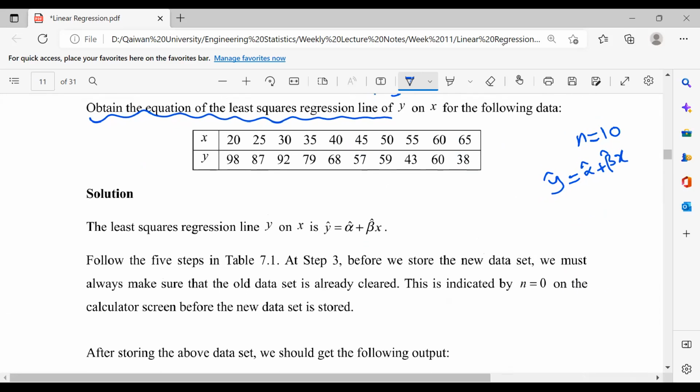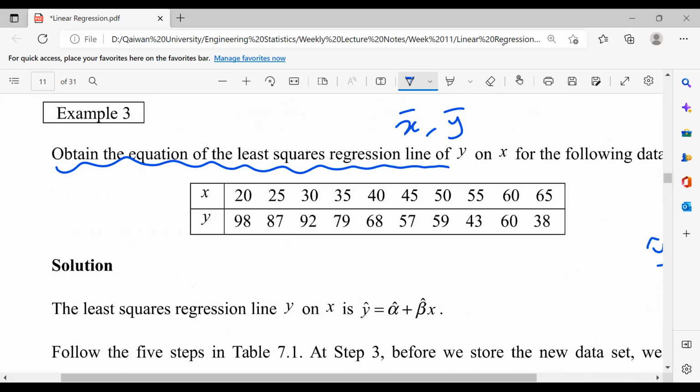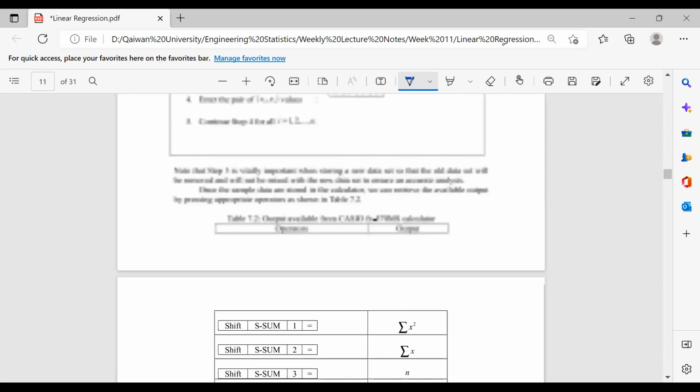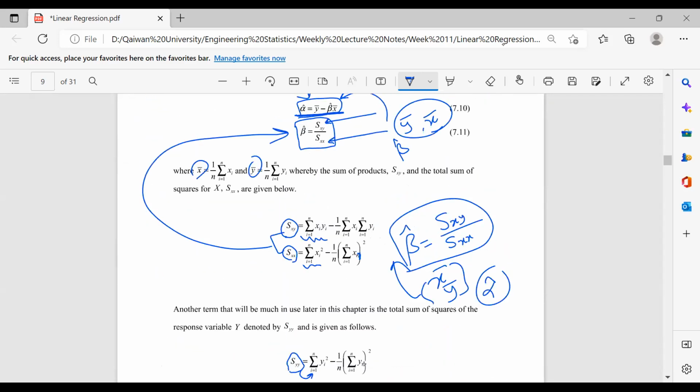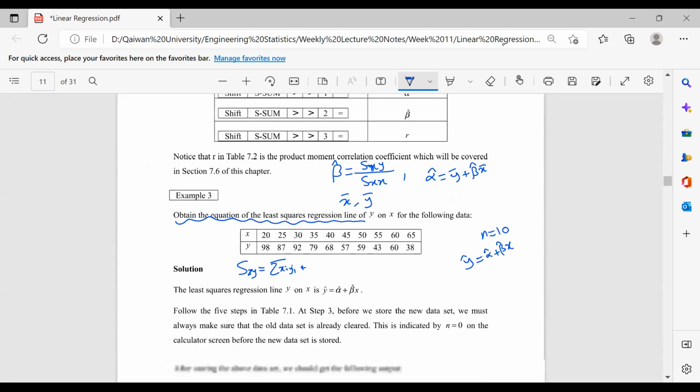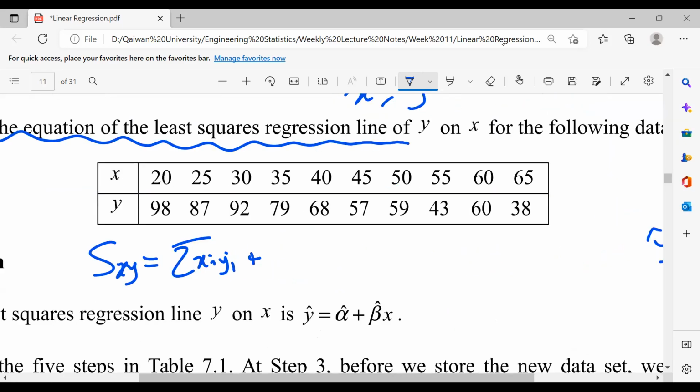We say for finding S sub xy, it equals the sum of xi yi, plus. Is it plus or minus? Let me check again. It's minus. Minus the sum of xi times the sum of yi.